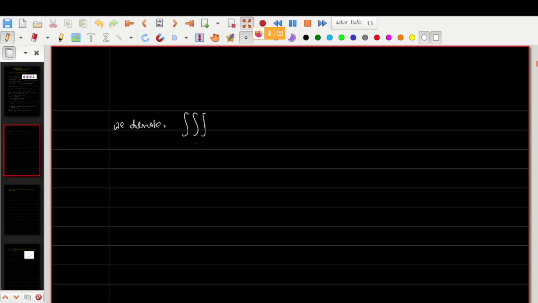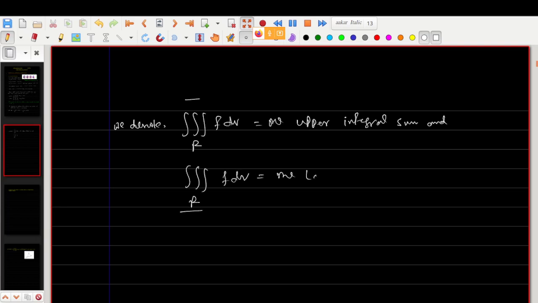We denote the upper integral of f dV to be the upper integral sum, and this one to be the lower integral sum, right?